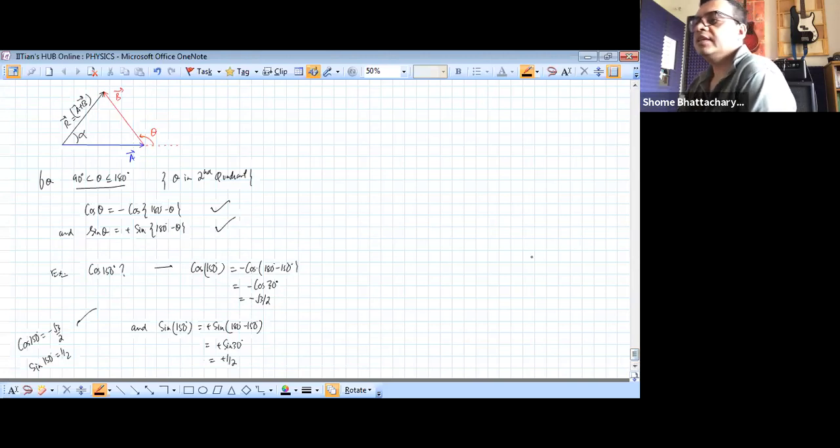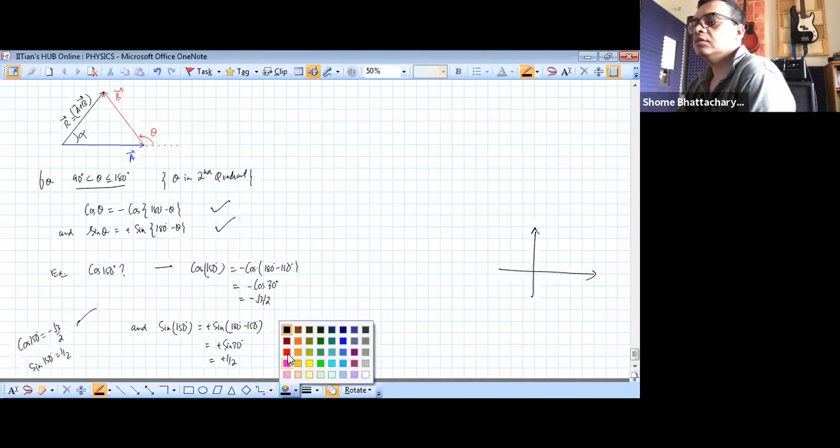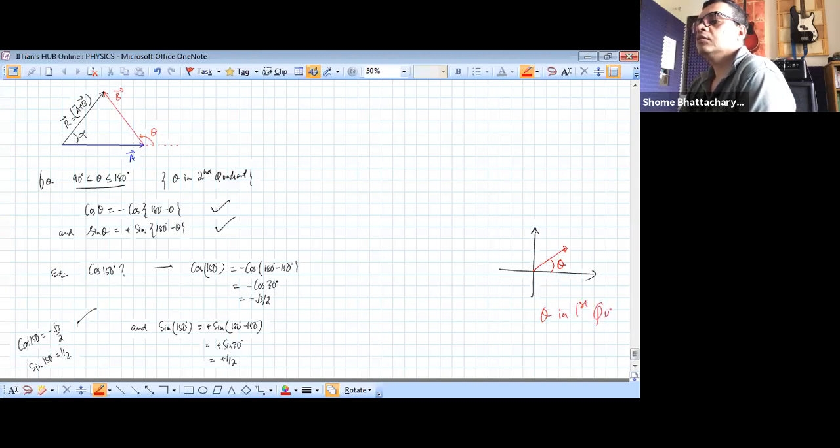The meaning of theta in second quadrant is like this: if with respect to the x-axis we draw an angle of theta, so this is theta in first quadrant, because this is quadrant 1.